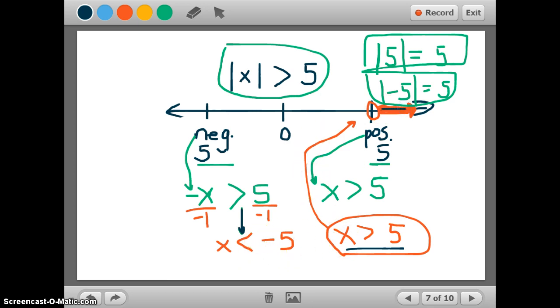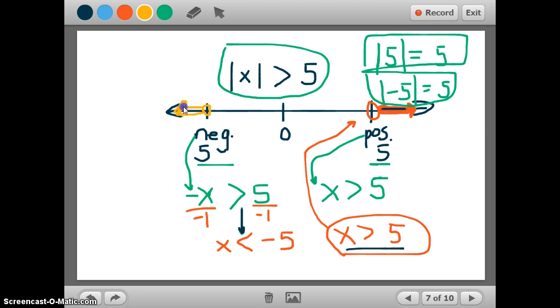So now let's look at the other one that we have, which is negative 5. So we want to, again, put an open circle because it's not equal to. We want everything that's less than negative 5. So remember, less than is this direction.